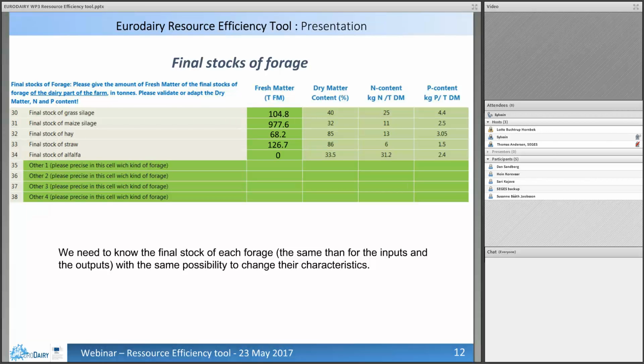So here some example: the final stock of grass silage, the final stock of maize silage, the final stock of hay, of straw, of alfalfa, and if you have other forage on your farm, you can complete it in the last line.